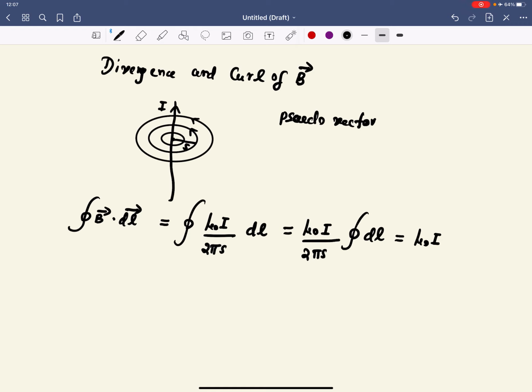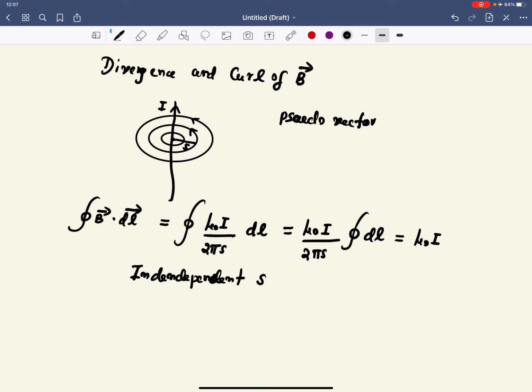And interestingly, this is independent of radius, independent of s. This is interesting because if you have a larger s, the magnetic field is going to be smaller, so the product always remains the same, okay.